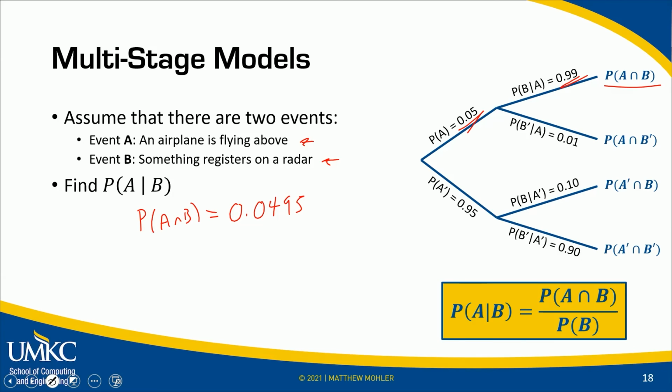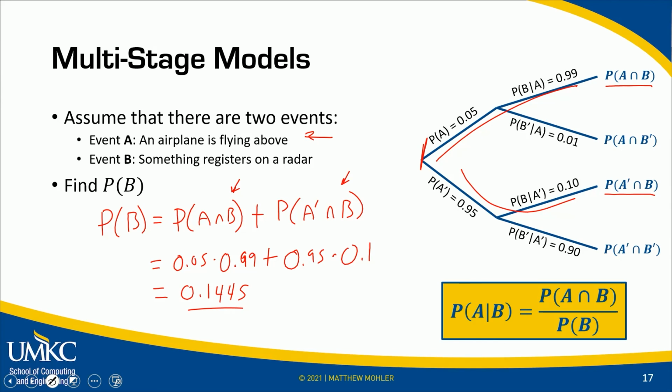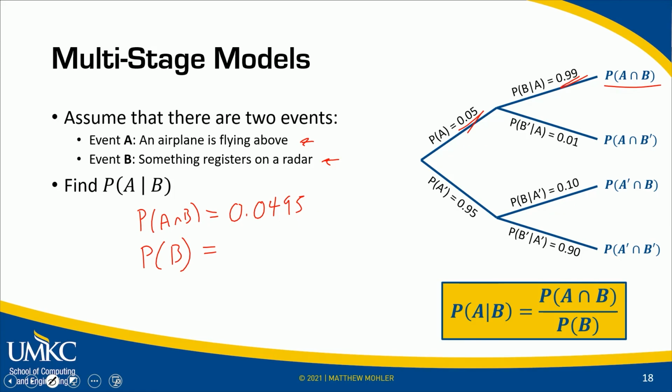Now, the next phase here, we need to find the probability of B. And the probability of B is something that we found on our previous page. And if we look back, we said that that was equal to 0.1445.